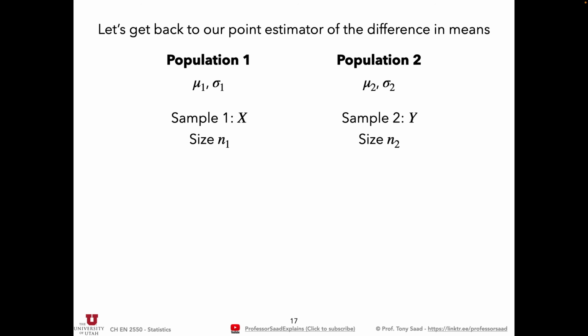So this is the setup: population 1 and population 2, with samples, call them X, of size N1, and samples, call them Y, from population 2 with size N2. For the confidence interval for the mean, we know it's X bar plus or minus Z alpha over 2, where this is confidence 1 minus alpha, times sigma 1 over square root of N1.